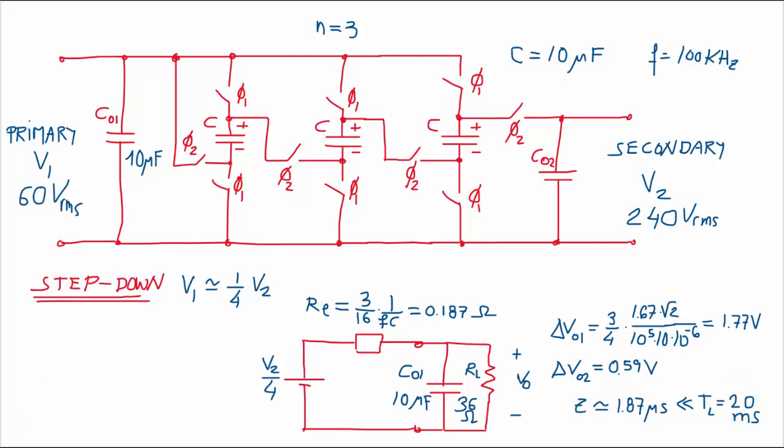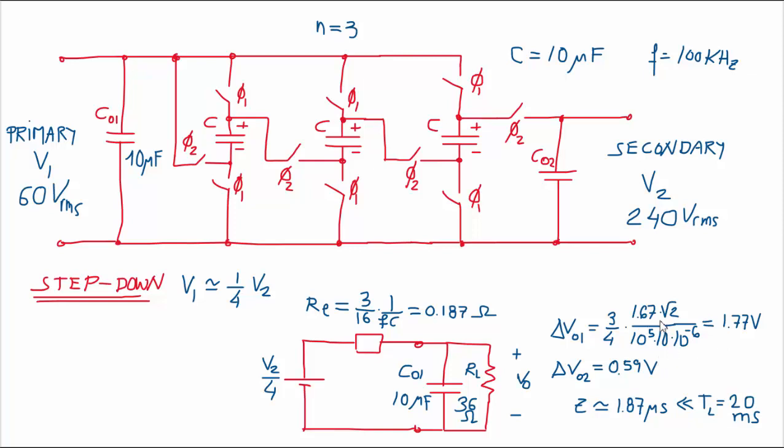Similarly, for the step-down operation, we have this equivalent circuit. We have selected 10 microfarads for this capacitor here at this point on the primary. Because with this capacitor, in this case, we know that we will have two different ripples on the voltage.